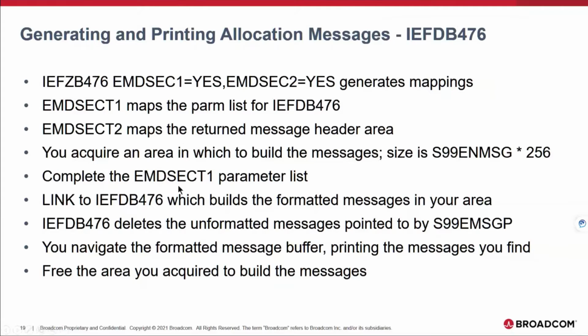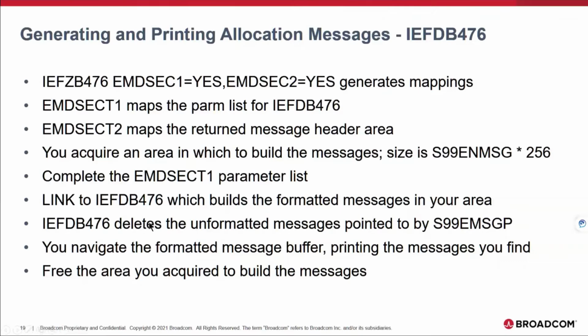And then you'll use this Dsect1 to map the parameter list. You'll build that parameter list. Then you'll link to this IEFDB476 service. And what it will do is take the unformatted messages and create formatted messages in your GETMAIN area. And it also will delete the messages that were created by SVC99, so it frees those up.